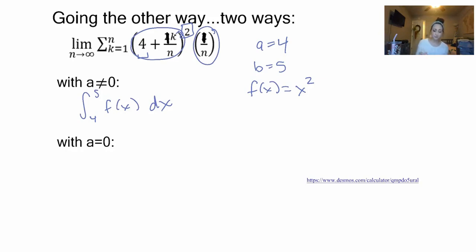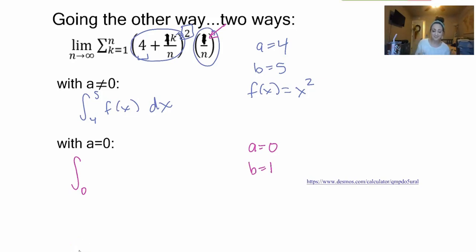So what if you had to make a be 0? Okay, so a has to be 0, okay? Well, now b has to be what? B has to be 1, right? Because that numerator is the difference between a and b. So I'm still just going to take that numerator and add it to a to get b. Now here's where we have to do a little bit of thinking.